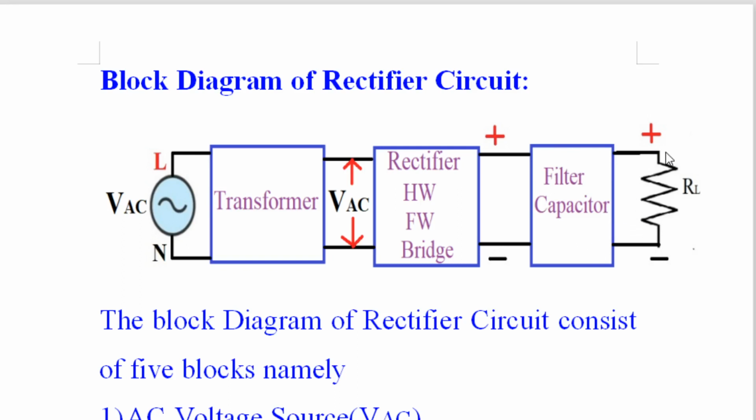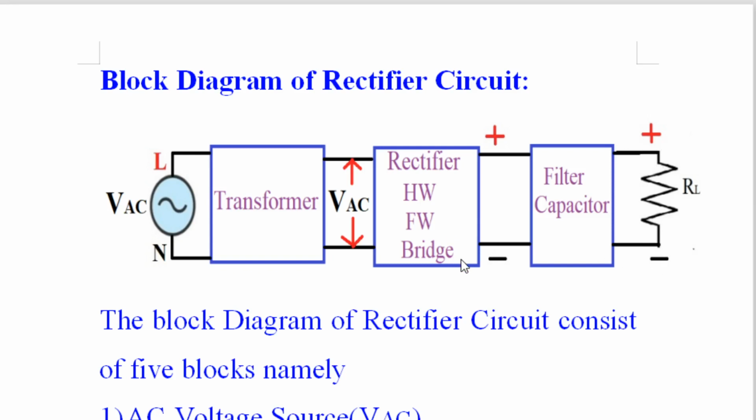And the last block is called the load resistor RL, which is nothing but an electronic circuit. Here we are treating that component as an electronic circuit to which we are applying the converted DC voltage, upper terminal plus and lower minus.